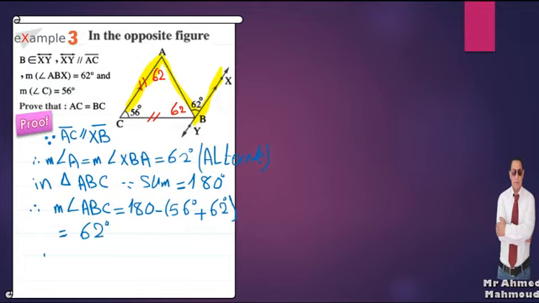Therefore, measure of angle A equals measure of angle CBA. Therefore, AC equals BC.